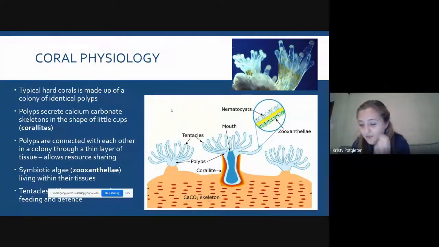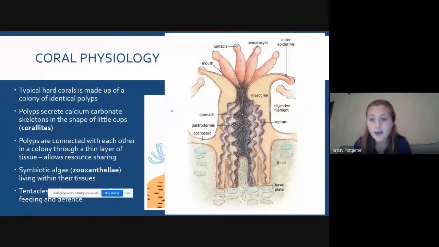Okay. So the corallite is the little cup that we were talking about there. This is what the polyp can retract into to avoid stress or predators. Having a look at this diagram, the walls surrounding the cup are called the theca, and the floor is called the basal plate.